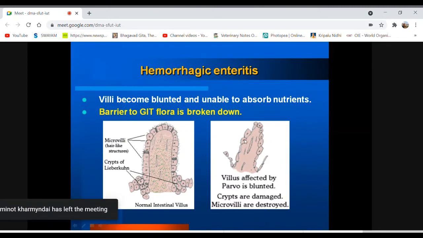In this condition, the animal will not be able to absorb any kind of nutrient, and any viral or bacterial organism getting into the GI tract will easily affect the intestines. Okay, they will invade it.